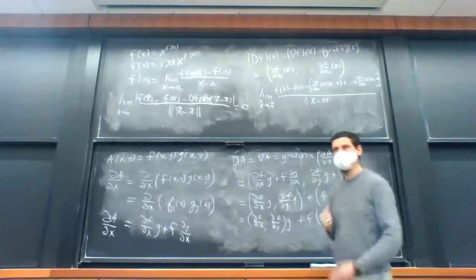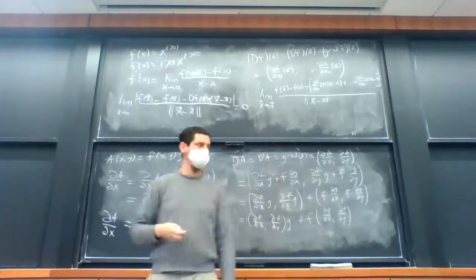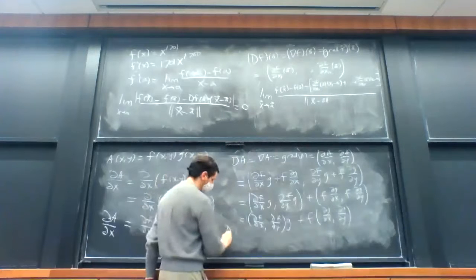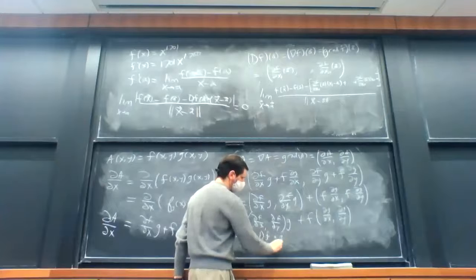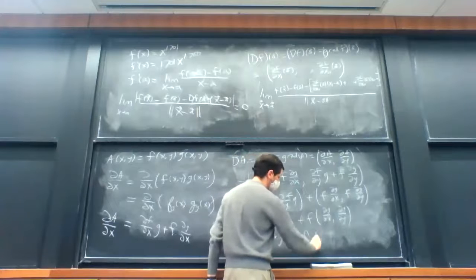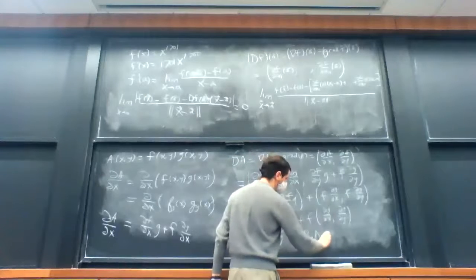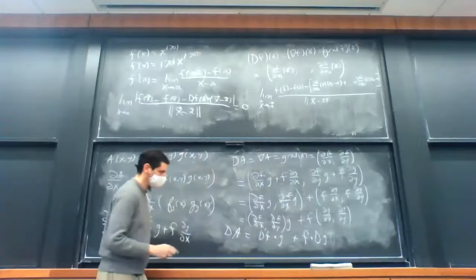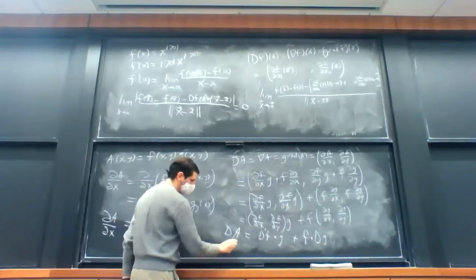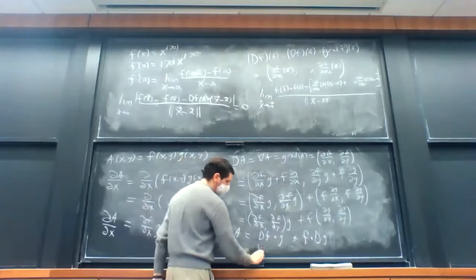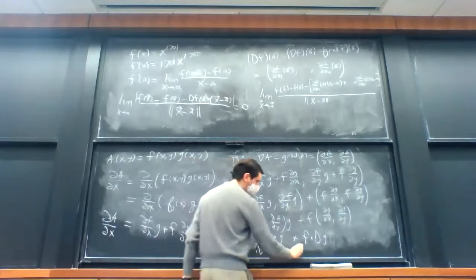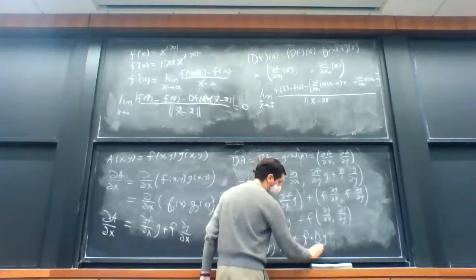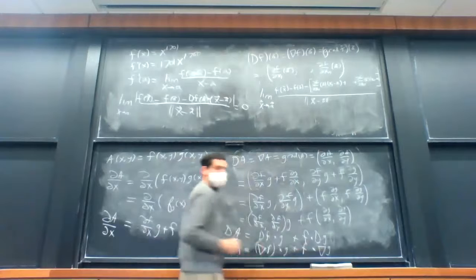The gradient of f, or df, capital D. So this is just dA is dF times g plus f times dG. Or if you want, the gradient of A is the gradient of f times g plus f times the gradient of g.